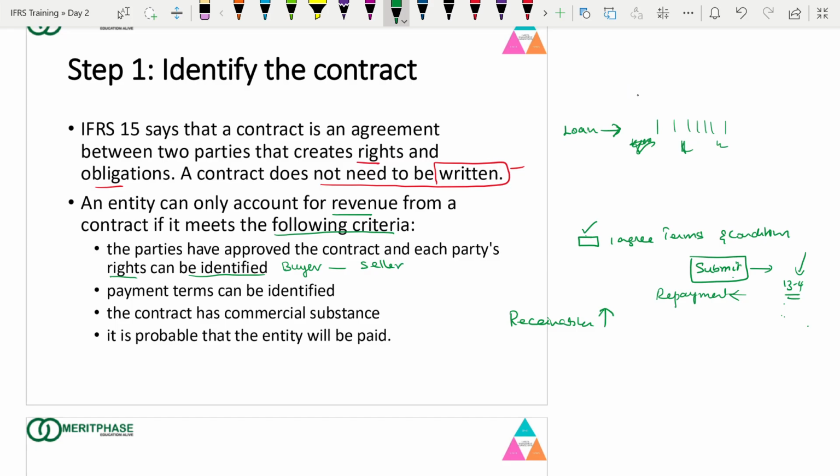This is very legal, and it has legal complications. So many companies file legal cases against other parties. The parties approved, each party's rights have been identified.